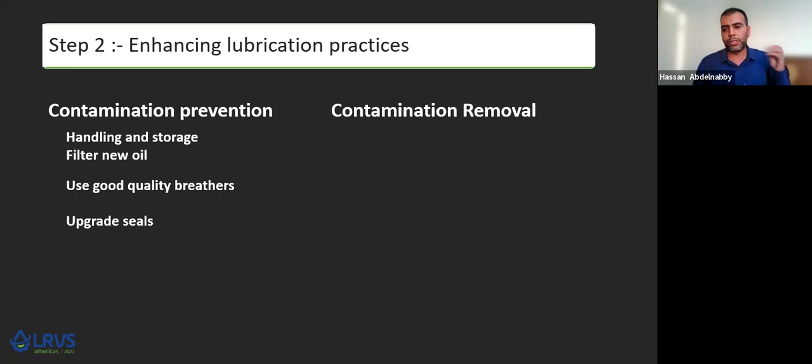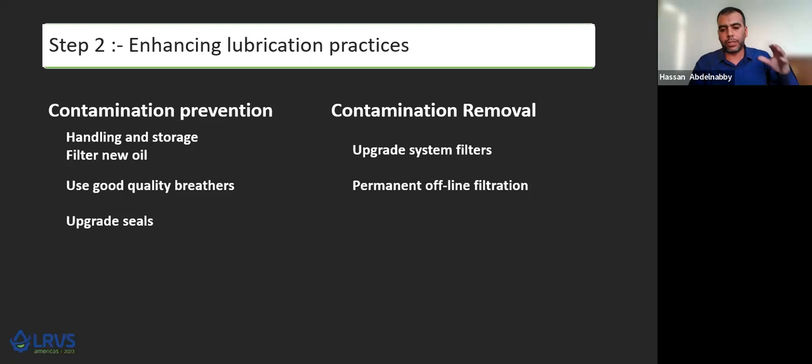But sometimes you are not successful, and even if you try to be 100% sure that you are preventing the contamination, sometimes you need to go to the removal section. So you need to upgrade your system filters, or you even need to consider an offline filtration. From my point of view, you need to work with both of them, with the prevention and also the removal.